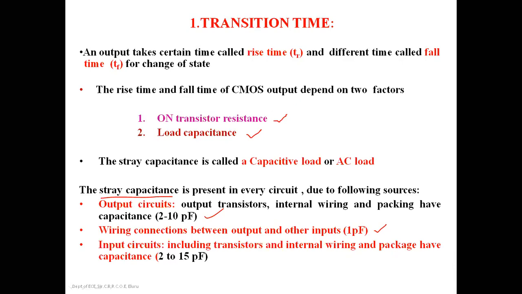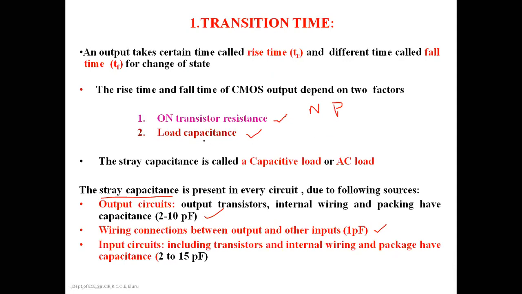So the rise time and the fall time of the transition time depend on two factors: transistor resistance and load capacitance. The transistor resistance is nothing but the N channel and P channel transistor on-resistances. What about the load capacitance?